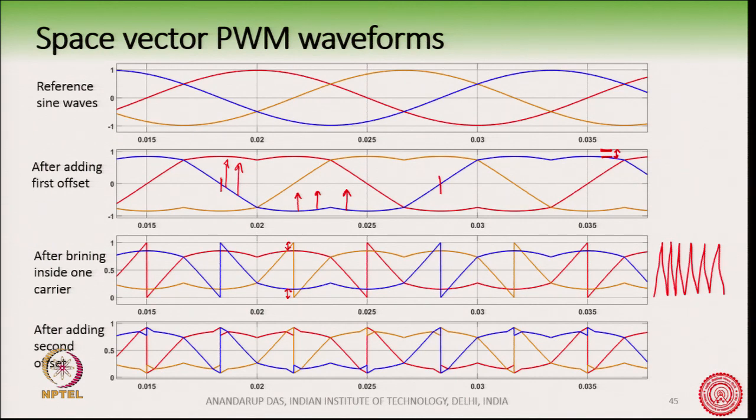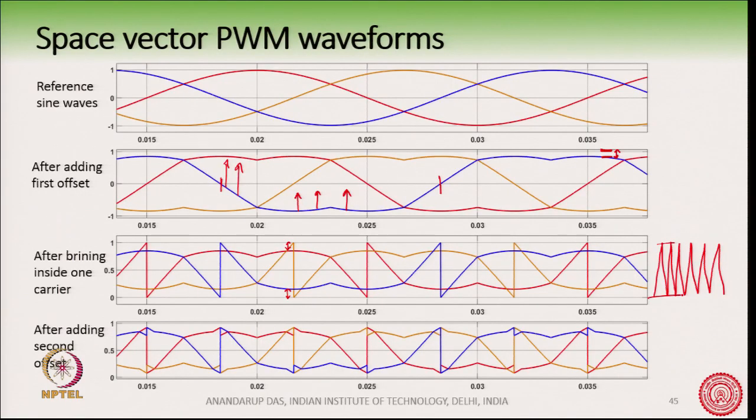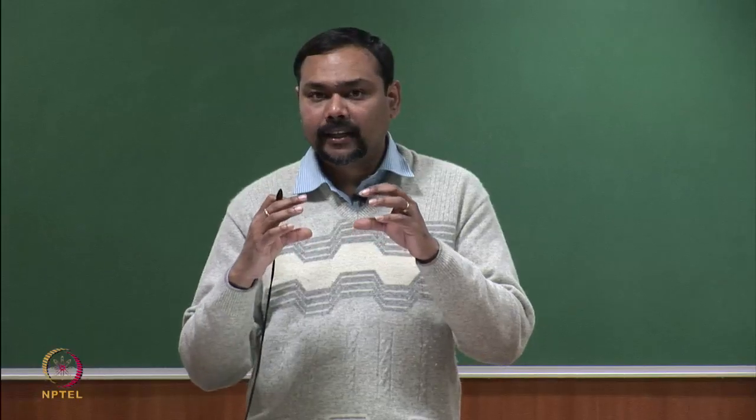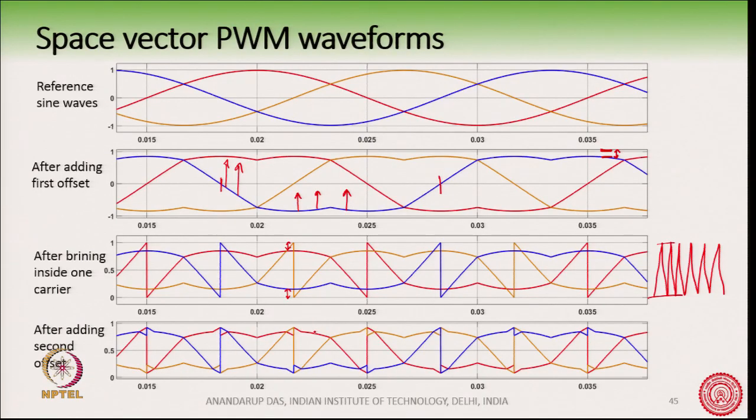Okay. Which means that these waveforms are not at the middle of the carrier. So, we have to middle it, we have to bring all these waveforms and middle them inside the carrier. So, we have to add the second offset such that all the waveforms are at the middle of the carrier, and that is exactly what I have done here. Okay.